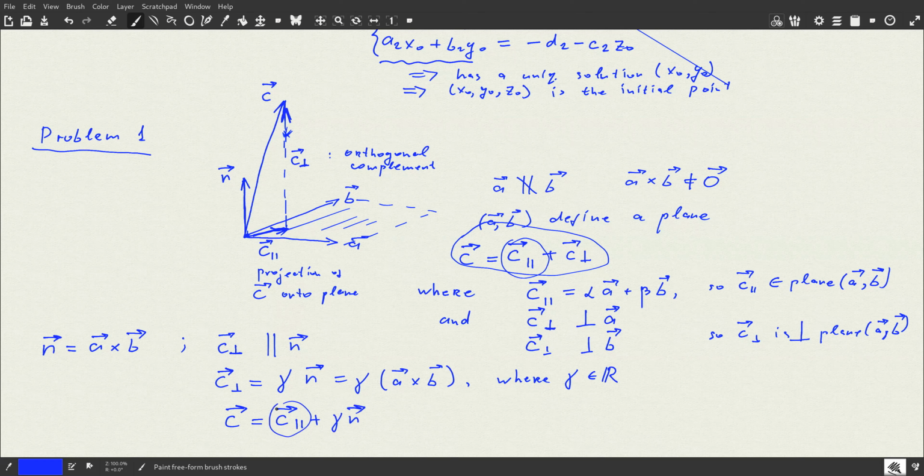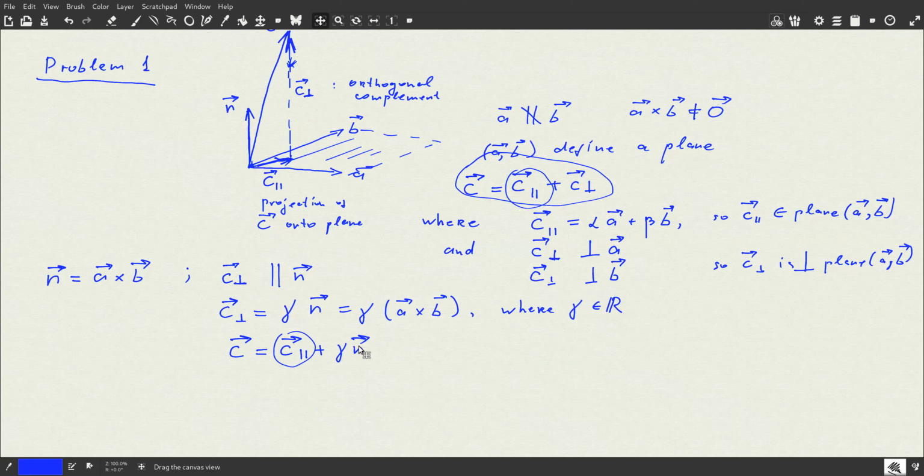Now, multiply this equation using a dot product by which vector? By n. Multiply it by n. Then we say the dot product C times n equals C parallel dot product n plus gamma n times n, which is the absolute value of n squared.